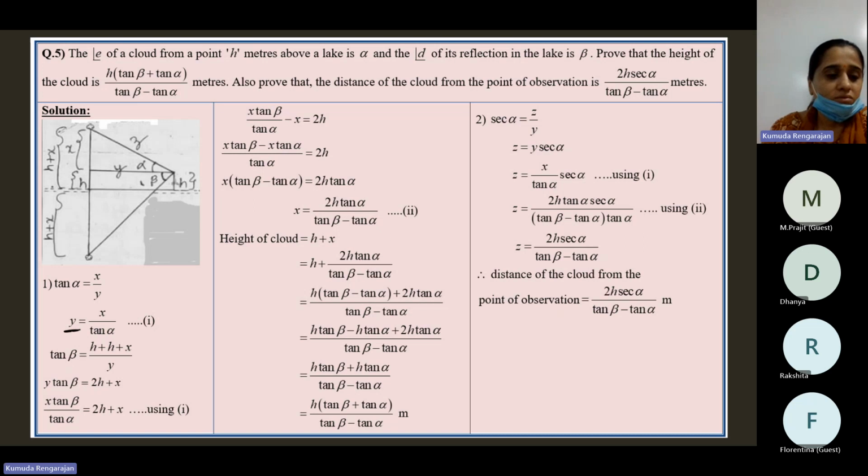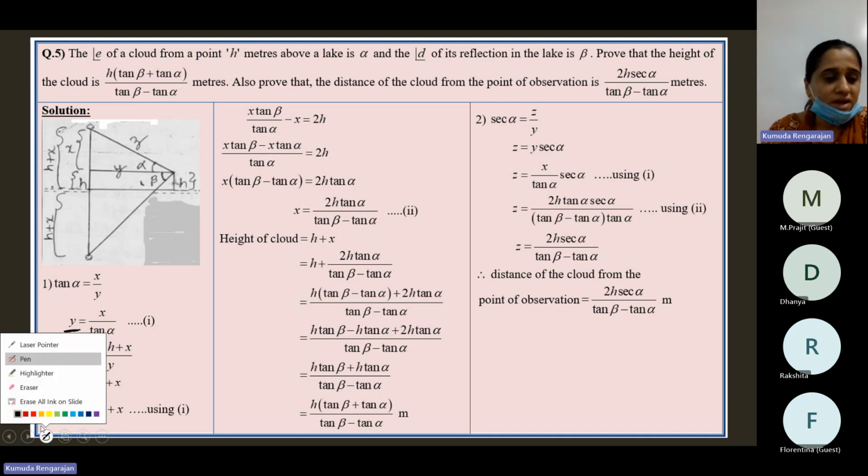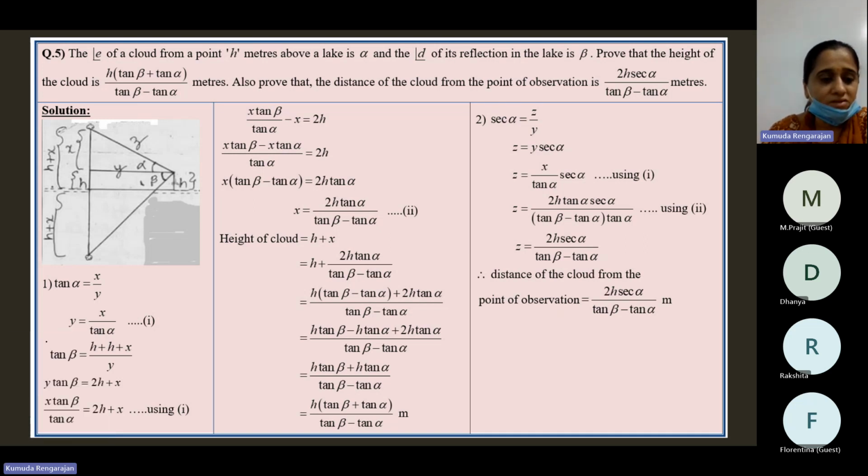All right. Now in the next triangle, this is the other triangle, children. Tan beta is equal to, in this triangle, opposite over adjacent. Please watch out for the opposite side.